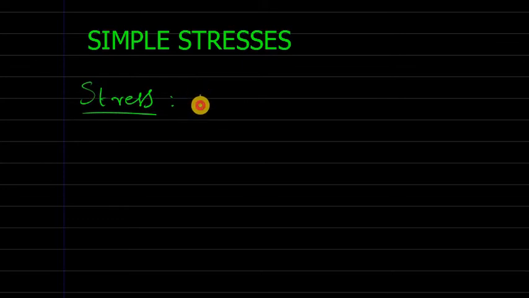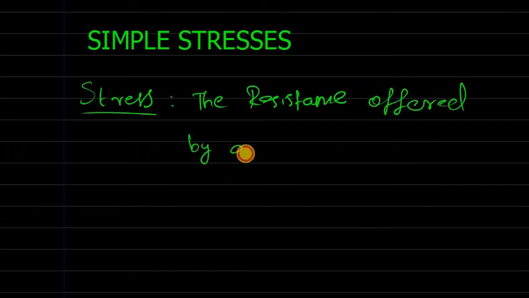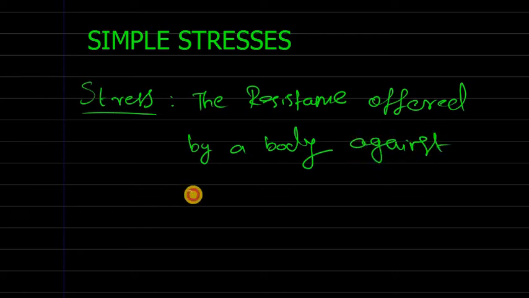It is the resistance offered by a body against deformation. If you are trying to bend a small rod or trying to change the shape of a component, then it shows some resistance, and that is by virtue of the strength of the component.